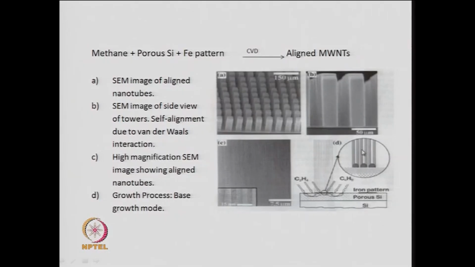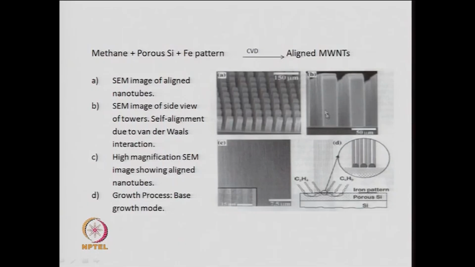So, this growth of these nanotubes on the catalyst particle is shown here, and so you need this iron patterned on the porous silicon to form these nanotubes. So, wherever the iron is there, on top of that a carbon nanotube is grown. Whichever way the iron is patterned, ultimately you will see a pattern of the nanotube.